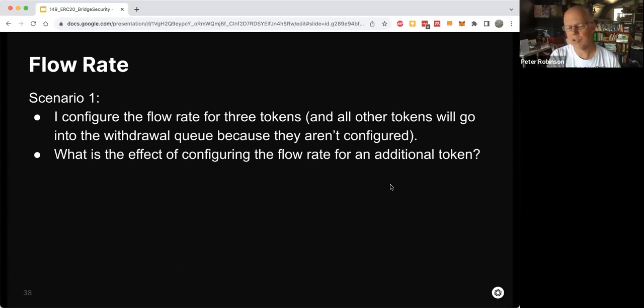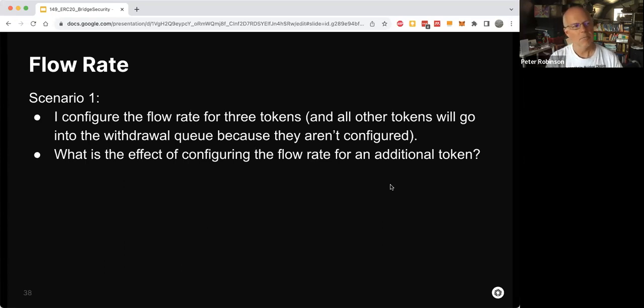Adding another token means you can do, say, $1 million an hour for that other token. It means, though, that the attacker, assuming you've got sufficient balances of all those tokens, can now withdraw at $4 million an hour across all 4 tokens without triggering the withdrawal queue.